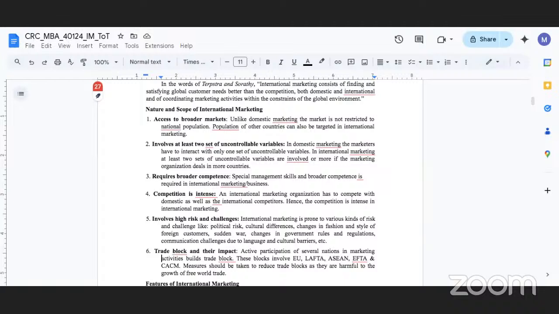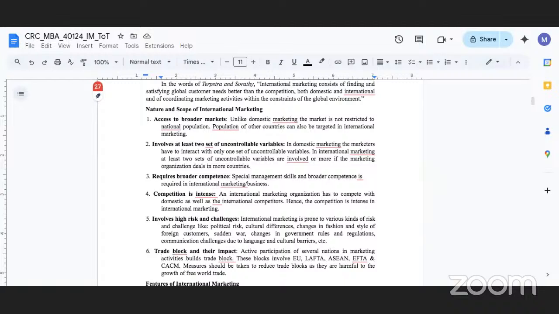So, nature and scope of international marketing. Now, this is an element that we need to consider in a lot of depth. For example, the first one is access to broader markets. So, this is the reason that we are not restricting the product sale to only the local market, but we are also taking it internationally.